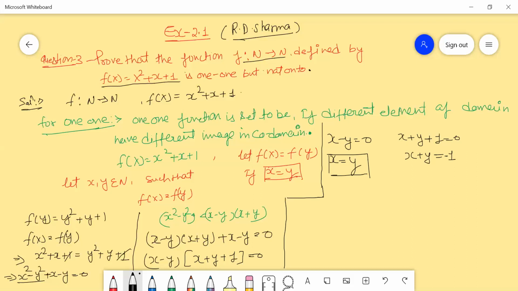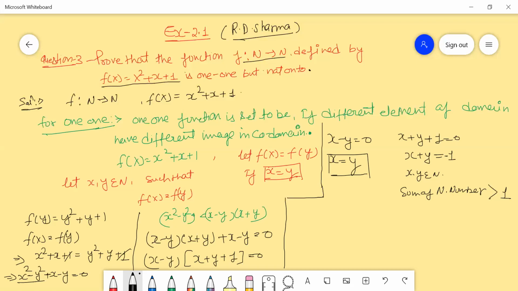In the question, x and y belong to natural numbers, and we know clearly that the sum of natural numbers will always be greater than 1. For example, if we take natural numbers 1 plus 1, the result is 2, which is greater than 1.